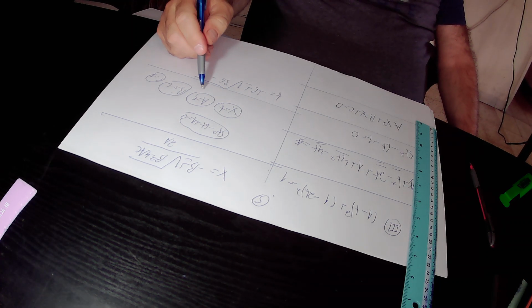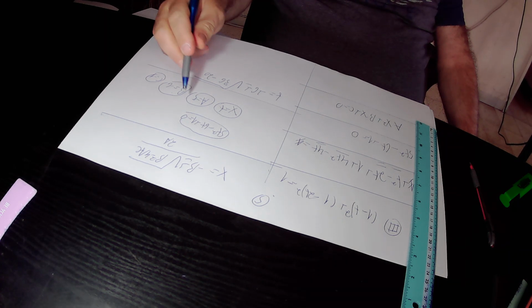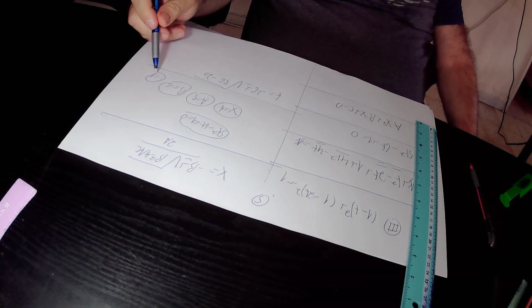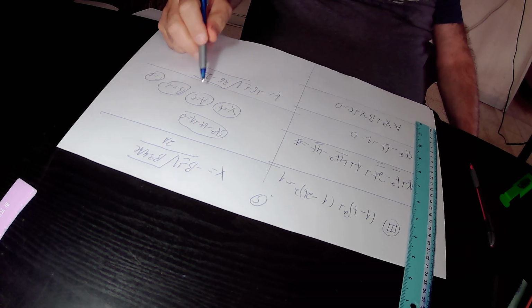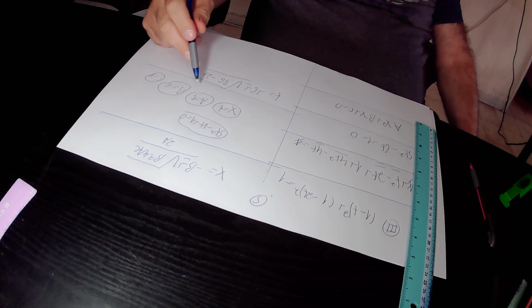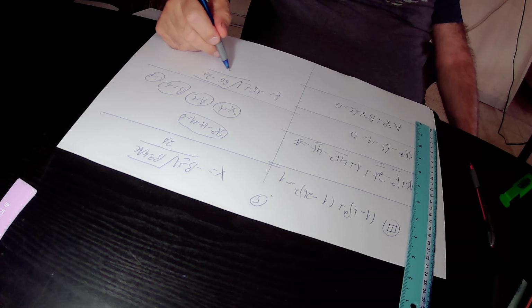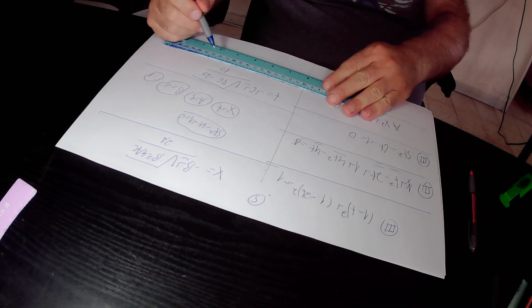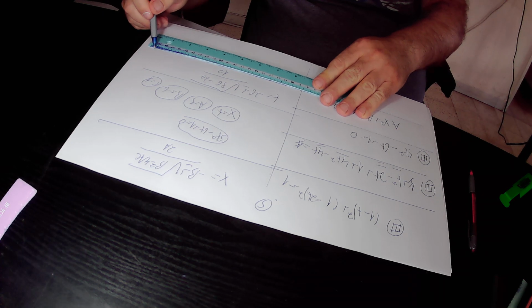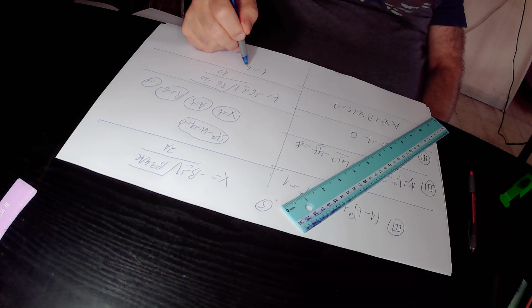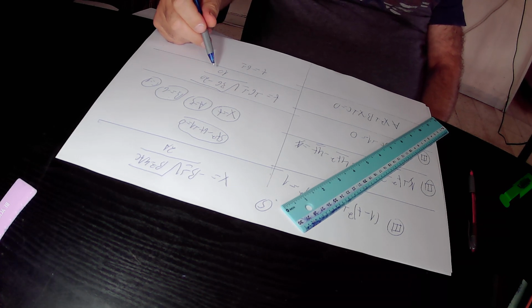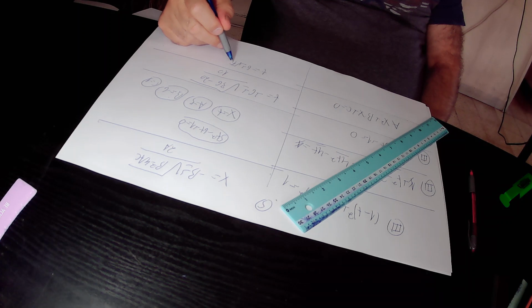Minus 4 times a. a is 5, so minus 4 times 5 is minus 20 times c. c is 1, so minus 20 times 1 is minus 20. So inside the root we have 36 minus 20 divided by 2a. a is 5, therefore 2a is 2 times 5, that is 10. So conclusion, we found out that t equals to 6 plus minus, and 36 minus 20 is 16. So the square root of 16 divided by 10.